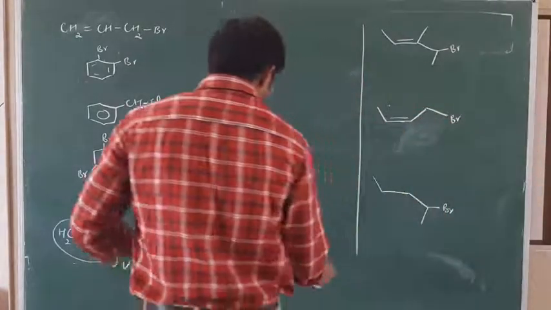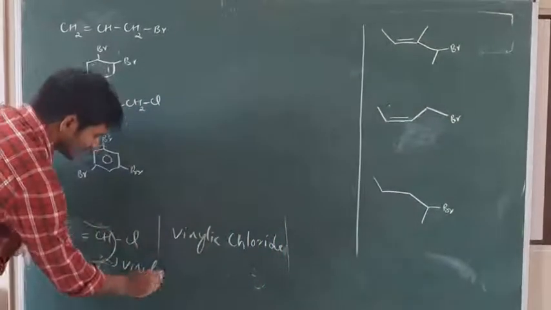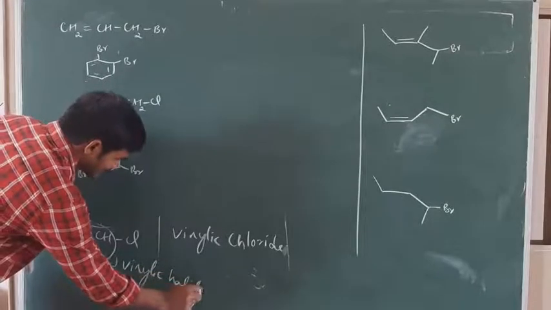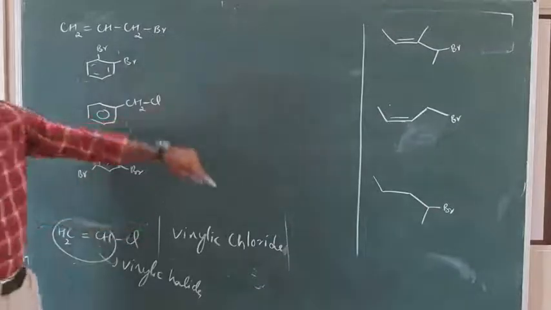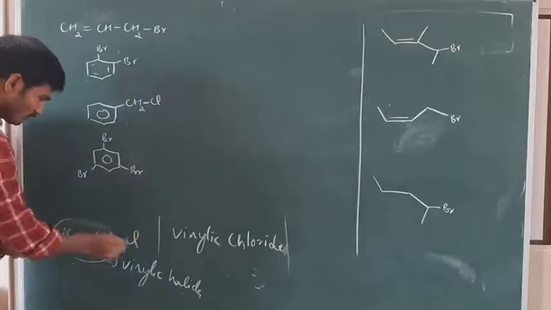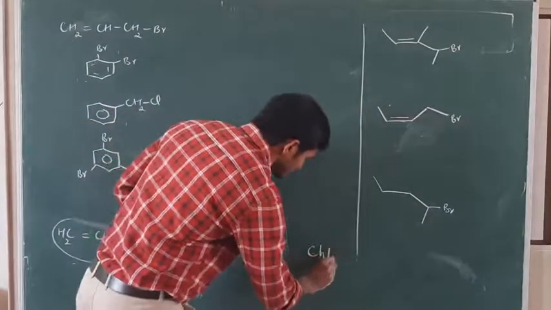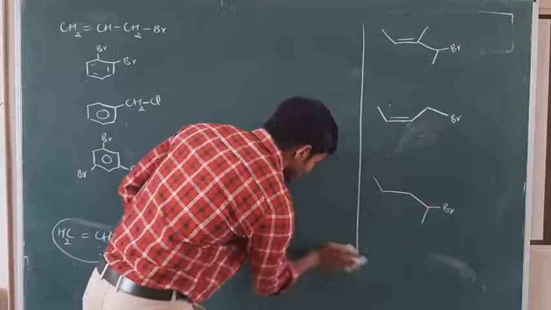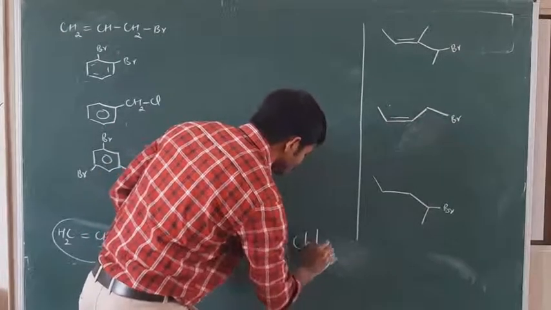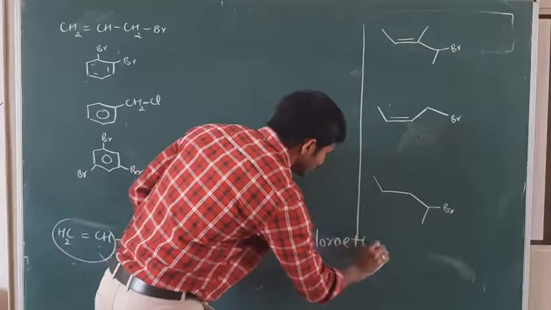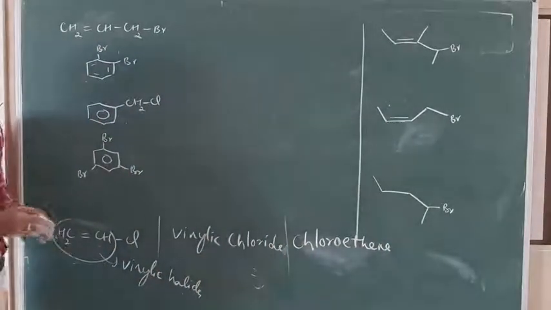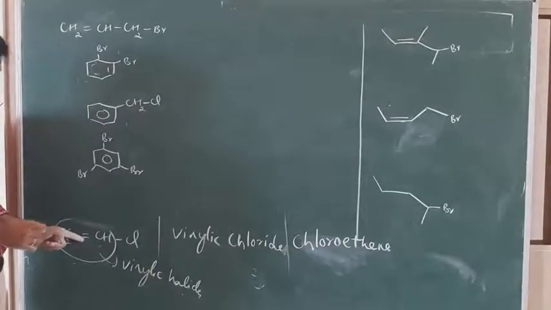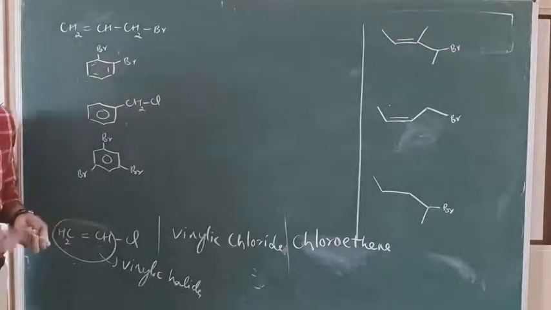Can you tell me the IUPAC name for this? This is vinyl halide, the common name. For the IUPAC name, it is a haloalkene. So this is chloro ethene. Chloroethene. It is not an alkane, it is an alkene because it contains a double bond. So I write chloroethene.